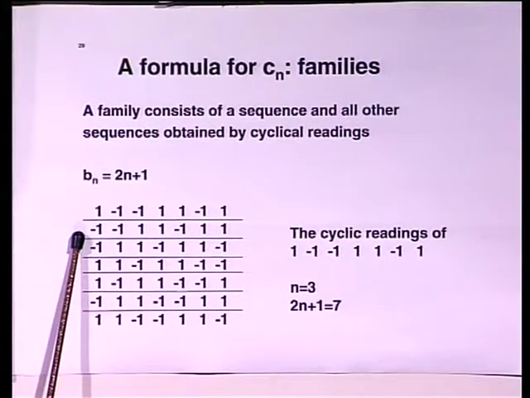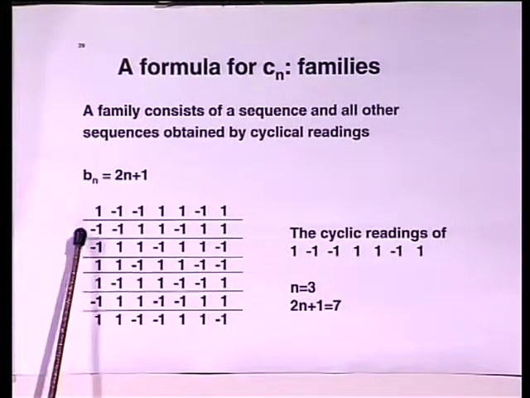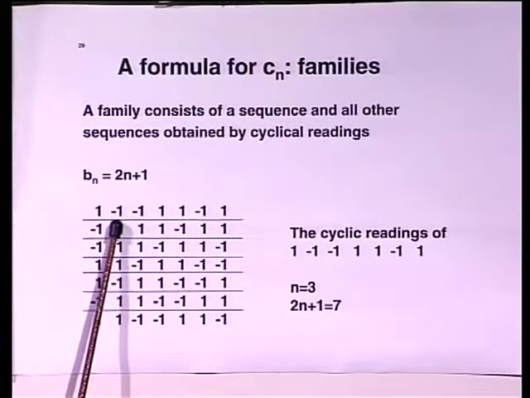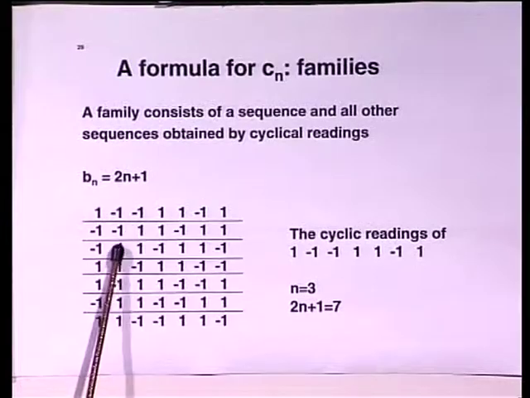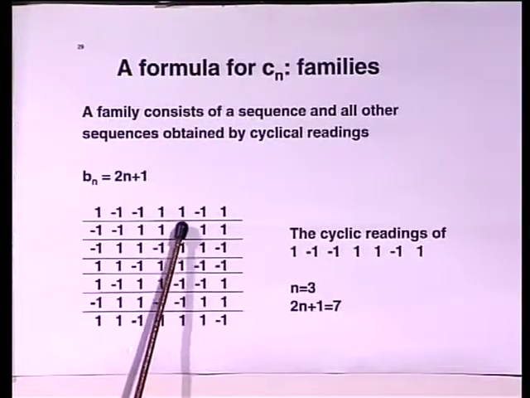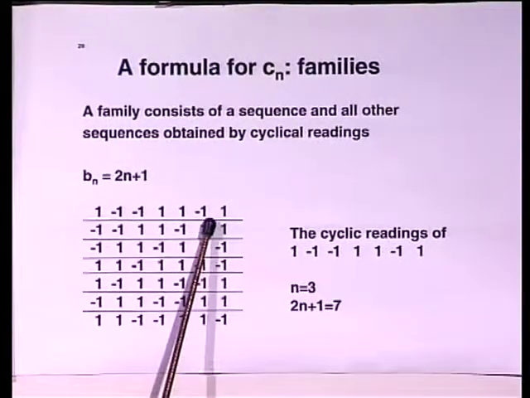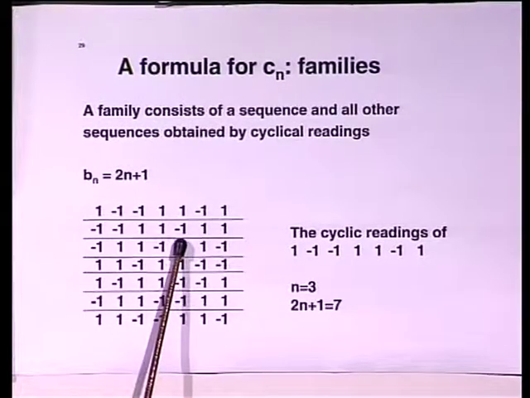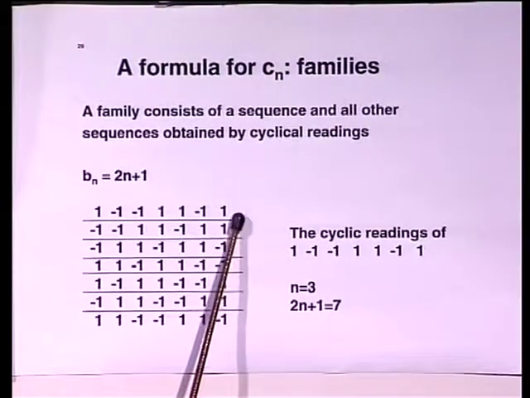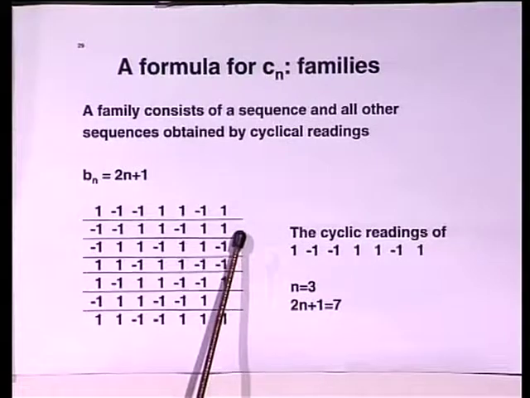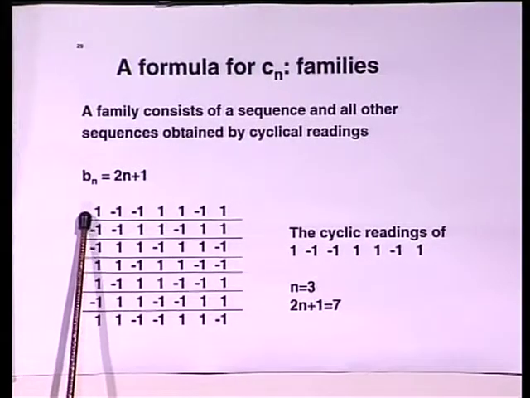This next sequence is obtained by starting the first sequence in the second place. So it goes minus 1, that's that one, minus 1, that's that minus 1, 1, 1, those are those two ones, minus 1, those two, 1, 1. And when we get to the end, we've got to loop back to the front, to this one.